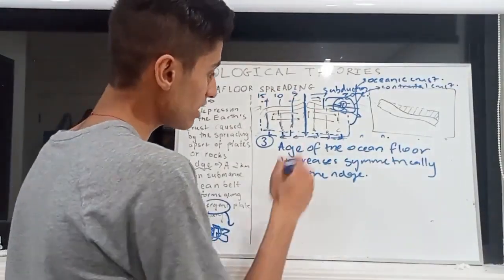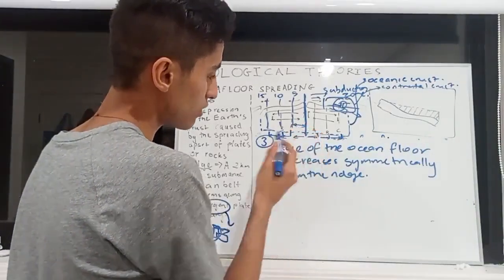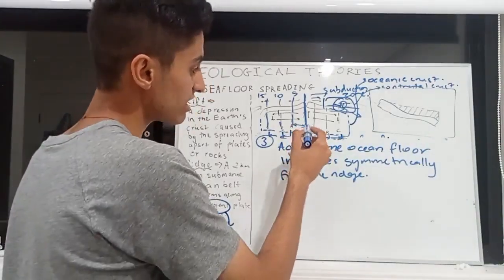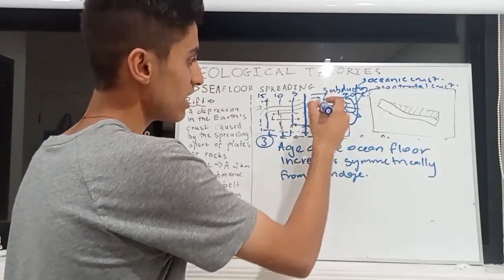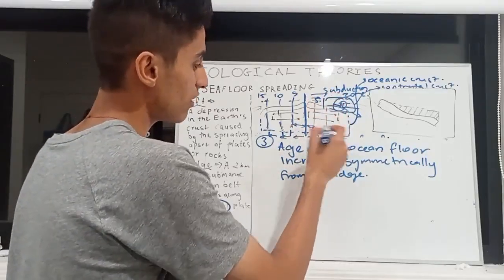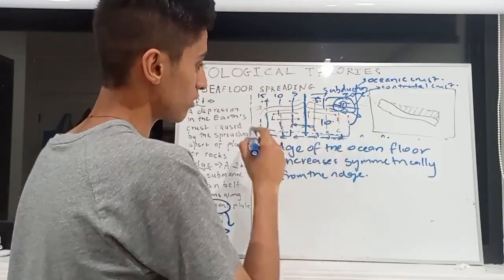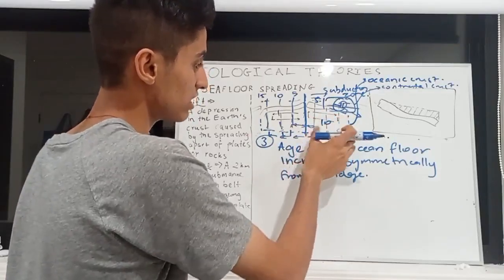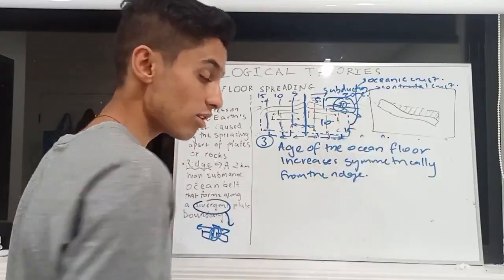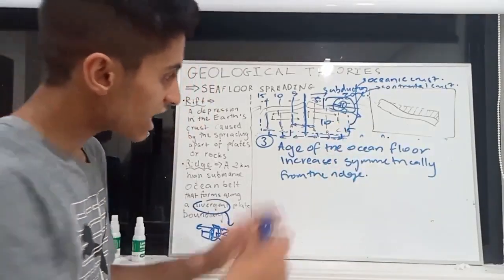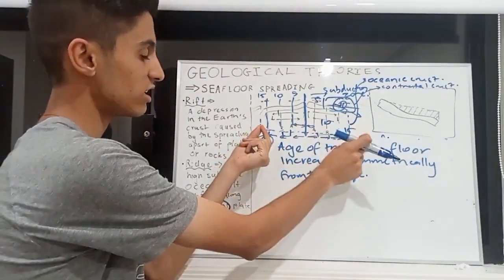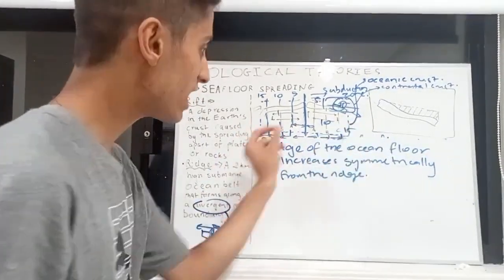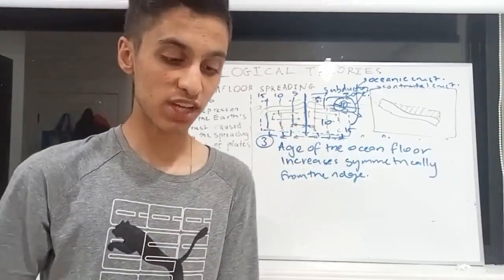Let's say this is the distance you moved from the mid-oceanic ridge to A, and you move that same distance on the other side, and you find that the rock you collect there is also 5 years old, and the rock from B is also 10 years old, and the rock from C is 15 years old. So what they notice is that the age increases symmetrically. It's not that this part is the least age and this part has the oldest rock. It increases symmetrically from the mid-oceanic ridge.